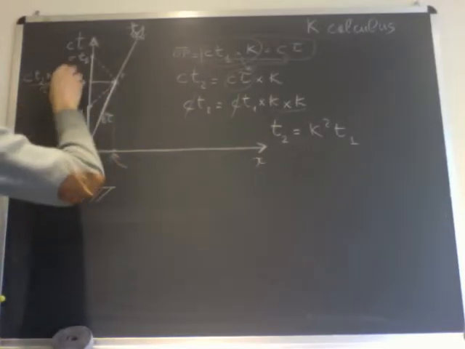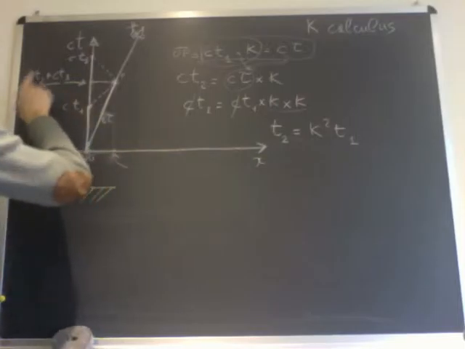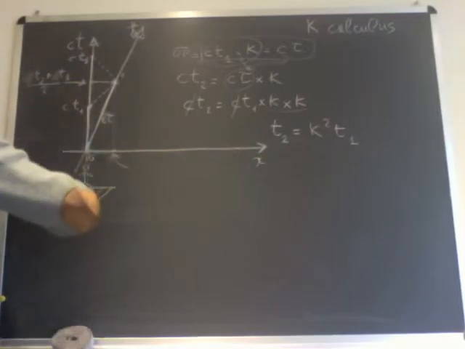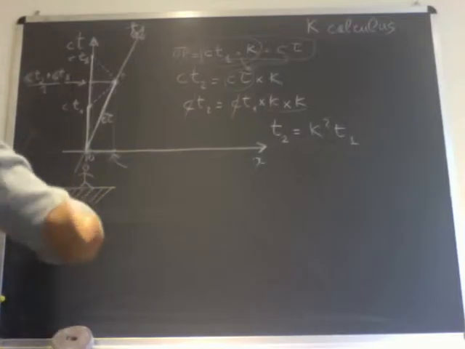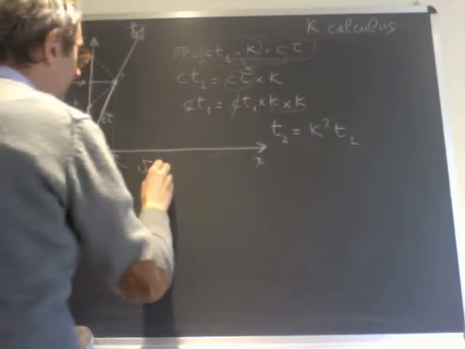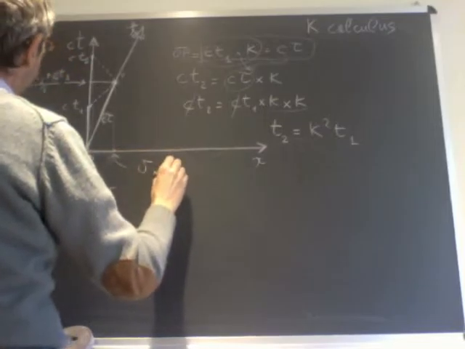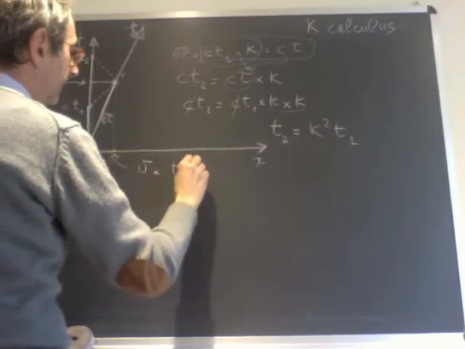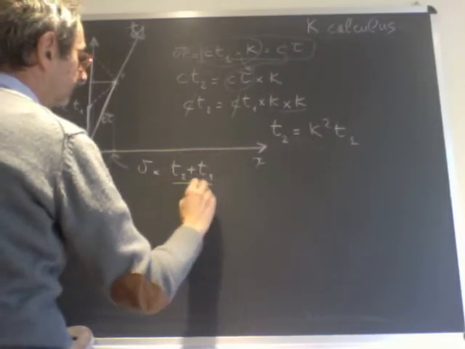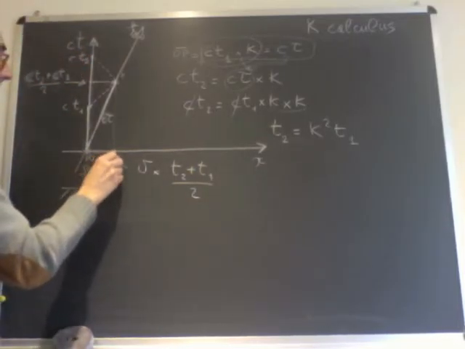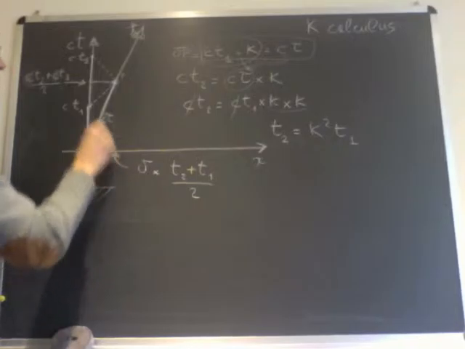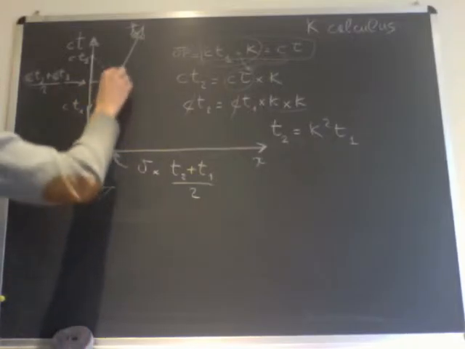The time is this. I don't need the c factor now, because this is the, okay, let's leave it here, but when I multiply by v, I need simply the time, that is the average time, okay? And this is exactly the x coordinate of the point p.